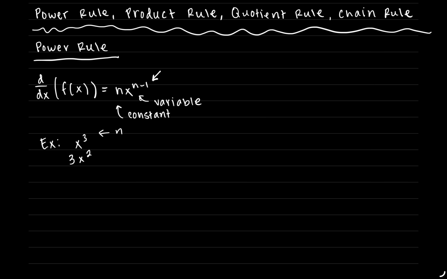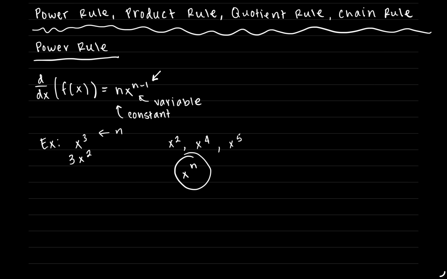Now let's pause for a quick second and talk about where and how you use the power rule. Why do you use the power rule? The power rule is used in functions that look just like this one, like x squared, x to the 4th, x to the 5th. Honestly, anytime there is a variable to a constant, that's when you're going to use it in this form.